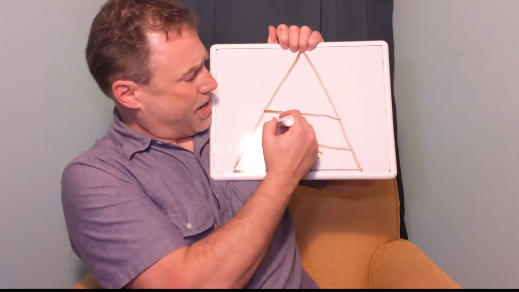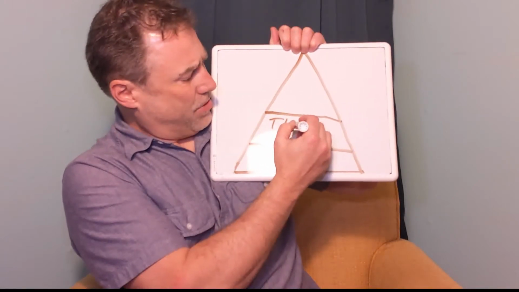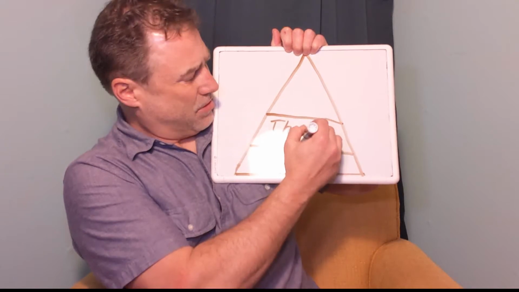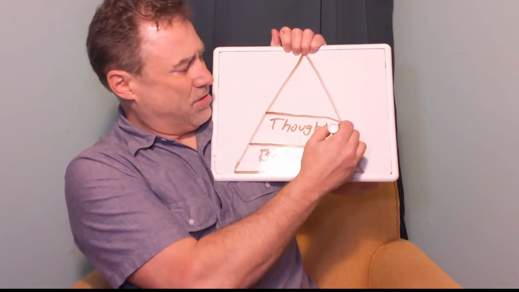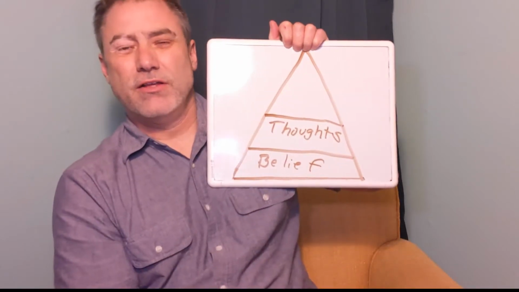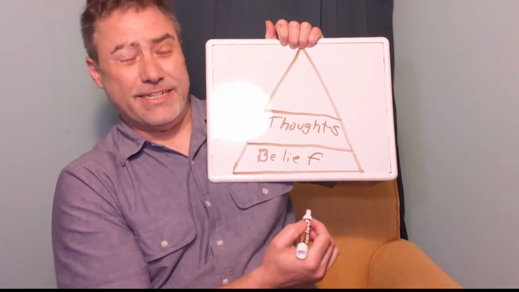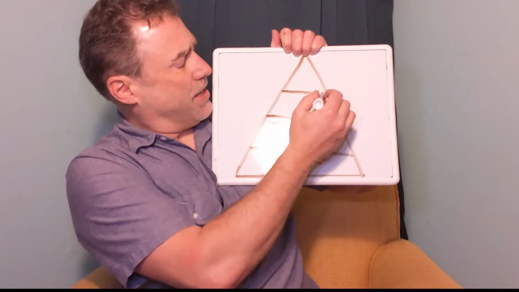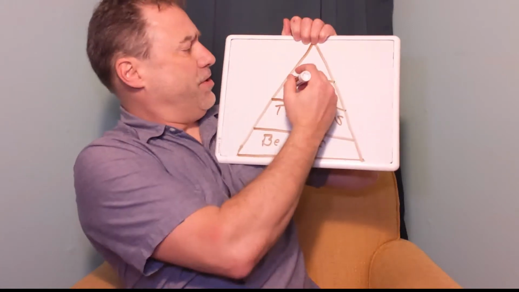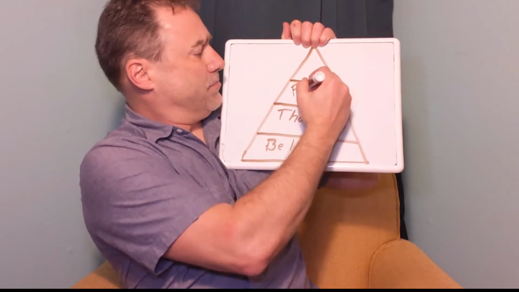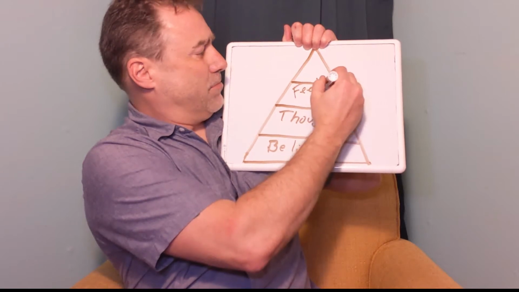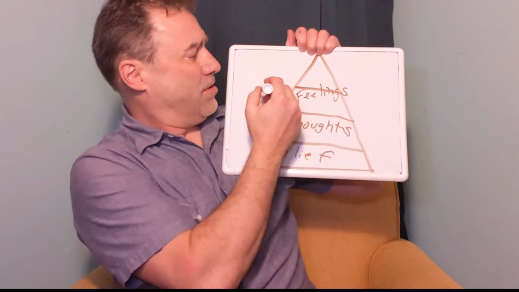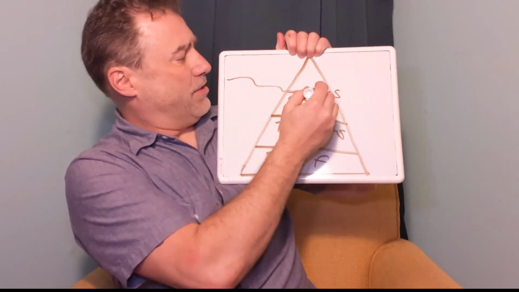Then on top of that, we have thoughts, which I also like to call belief light. Next in the diagram here, we have feelings. And here's our water line.